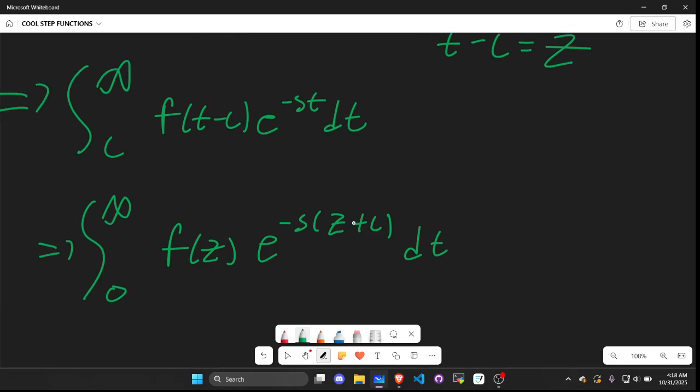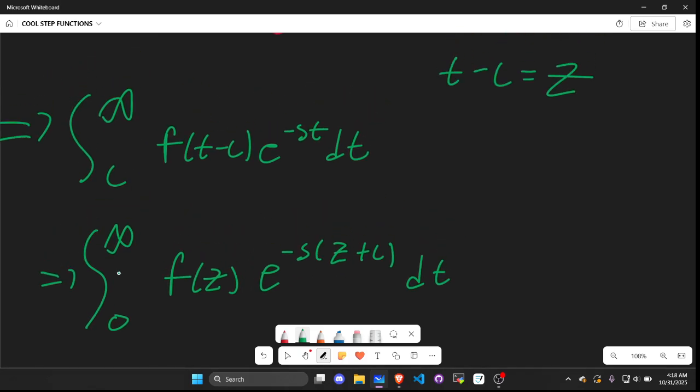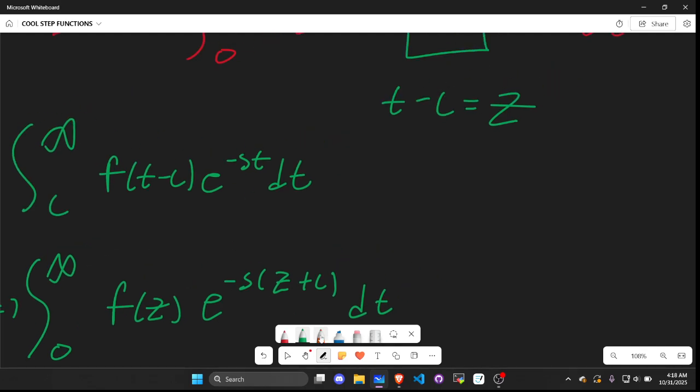Alrighty. Let me make sure everything is on track. Yes. So also, why does the integral change from c to infinity to 0 to infinity? Well, the value c, if you plug it in for t, what happens to z? So if you sub in c here, you end up with c minus c equals z, which also equals 0 by definition.